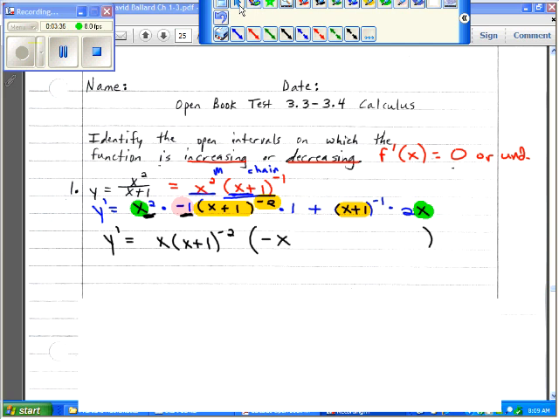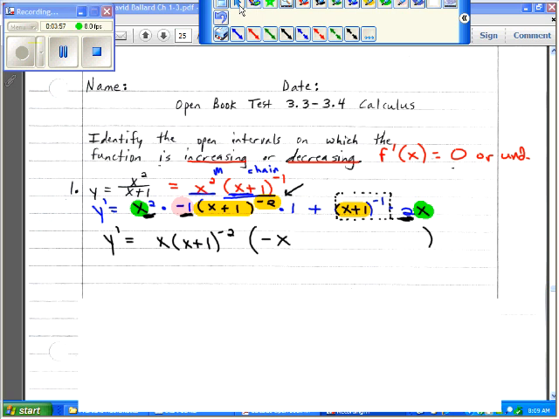And what we're going to have from here is just a 2. Oh, excuse me. What we're going to have left is one of those and the 2. We pulled out an x plus 1 to the negative 2.